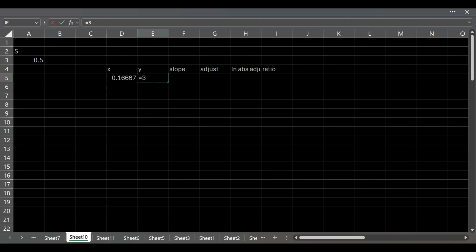this works. We'll start with the initial guess. We'll put in the formula 3x minus 4x cubed minus the parameter. The slope term is 3 minus 12x squared.